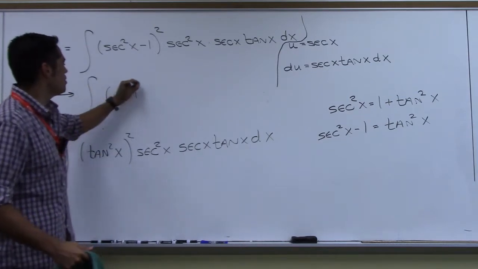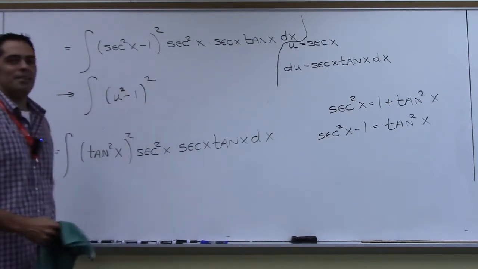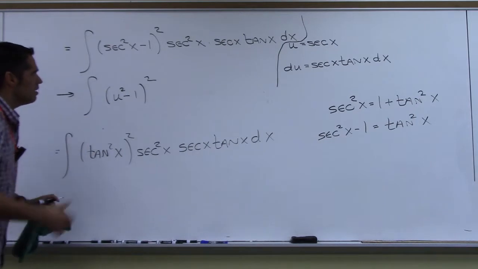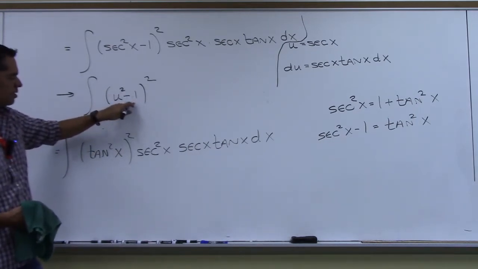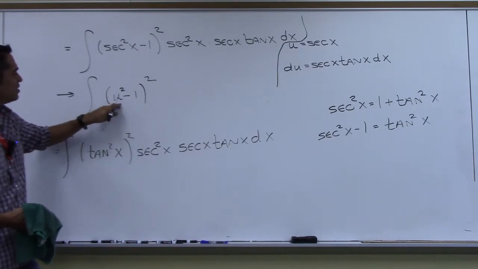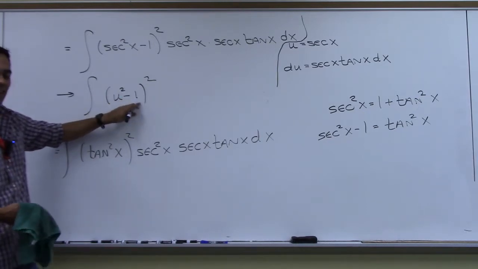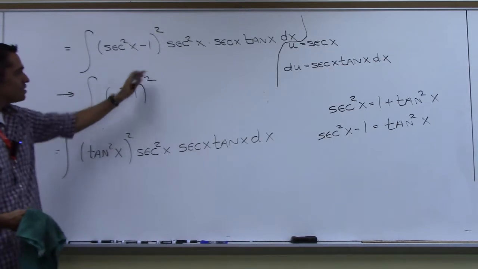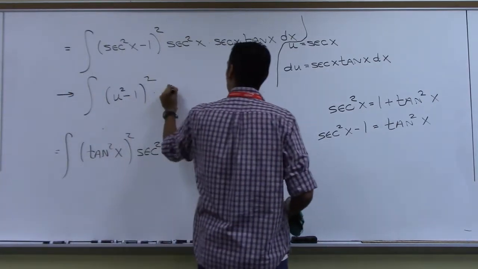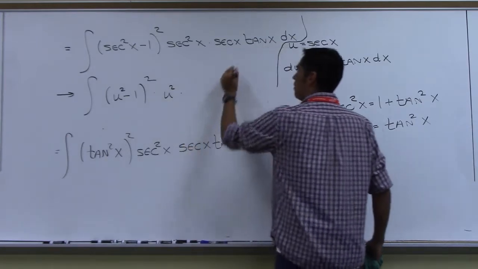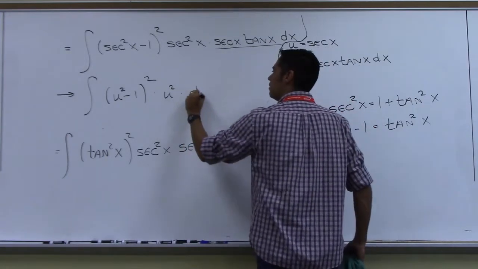It gets a little weird because it's just language. I understand what you mean, but just to help you out. All right, so u squared minus 1, that quantity squared. And then this right here? U squared times u squared. And then this whole thing is du.